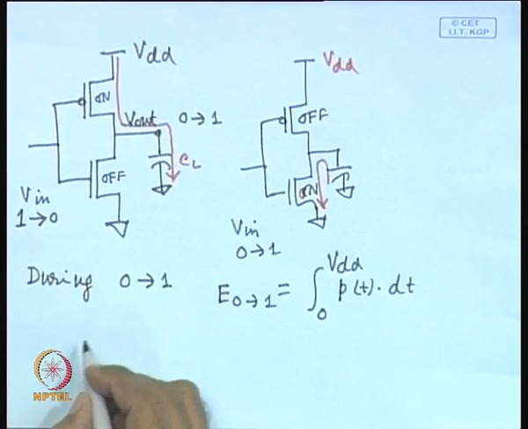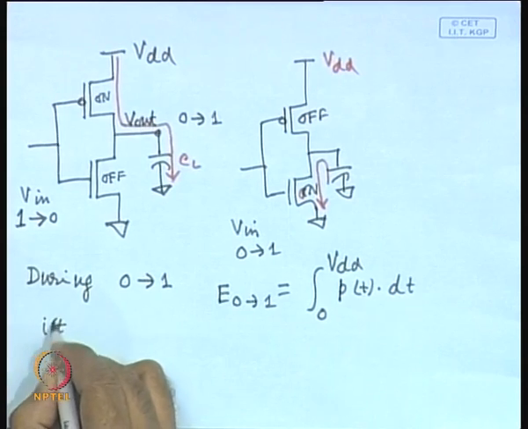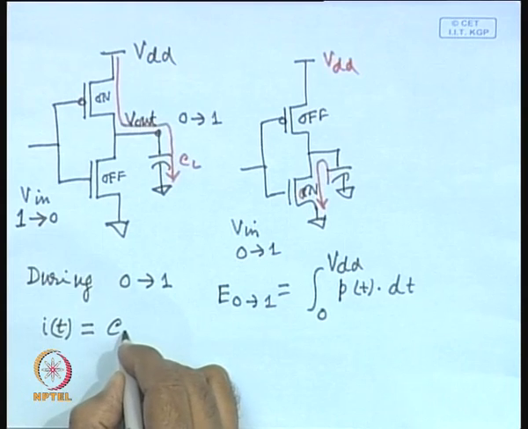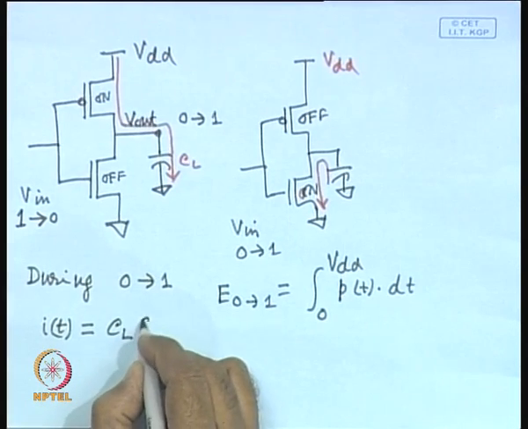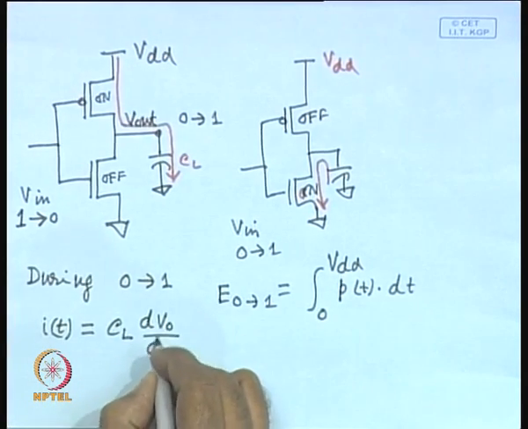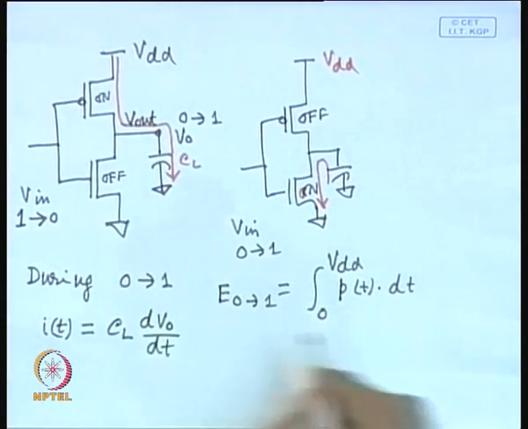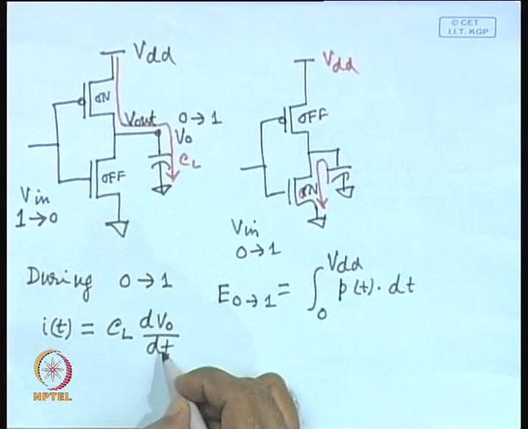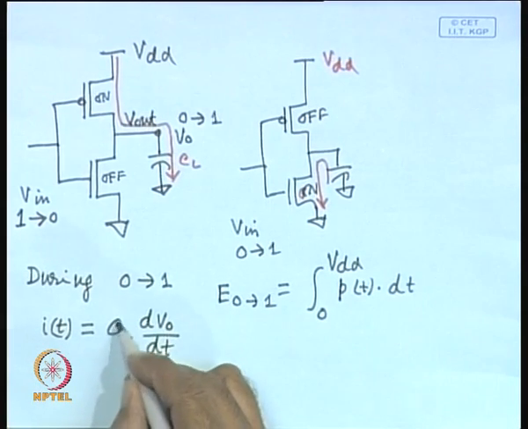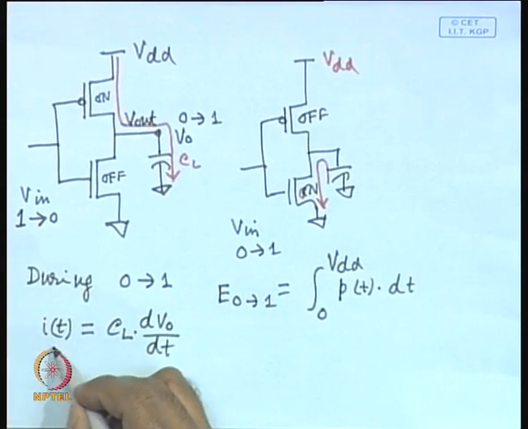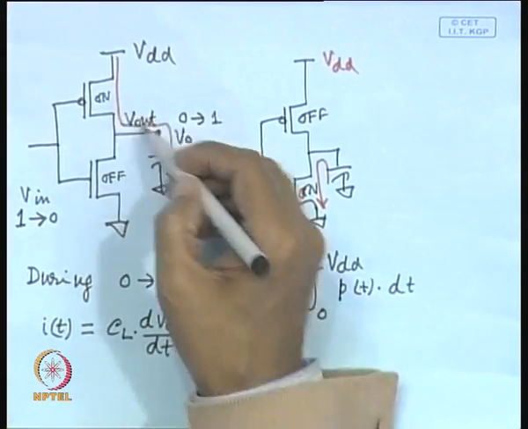And what is the expression for current? This current is not fixed, it will be equal to i(t), and this will vary with time, CL into dV0 by dt. What is dV0? V0 is the output voltage. So rate of change of output voltage with time into the load capacitance is the instantaneous current that will be passing through this part of the circuit.